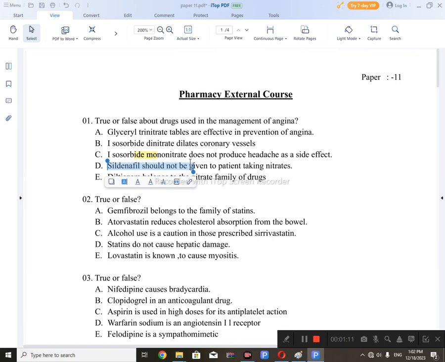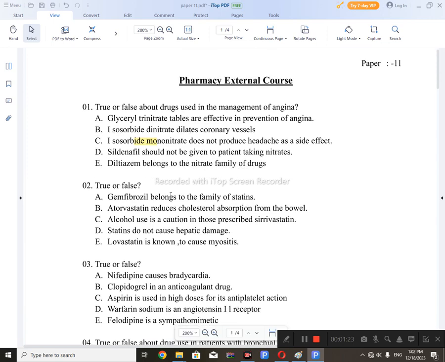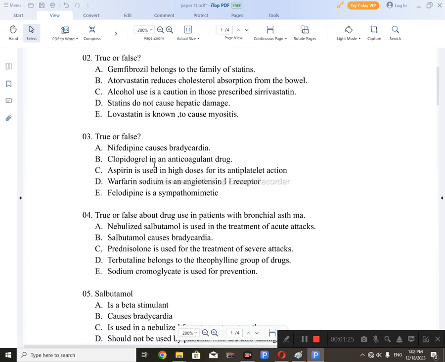Sildenafil should not be given to patient taking nitrate. False. Diltiazem belongs to the nitrate family of drugs. True.